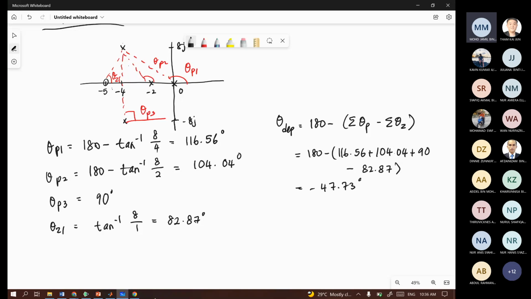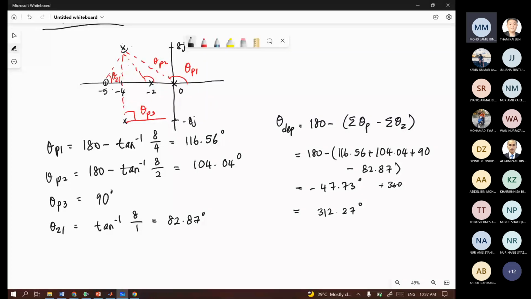It's negative, meaning that it measures clockwise. So change it to counterclockwise by adding 360. So you get 312.27 degrees.